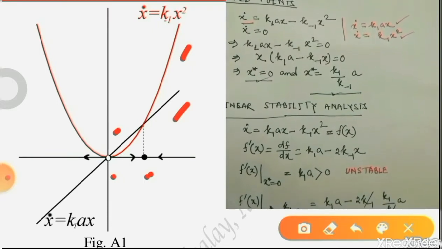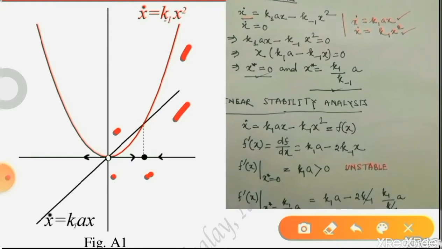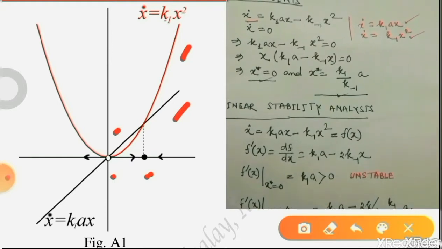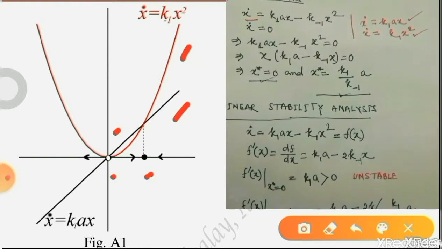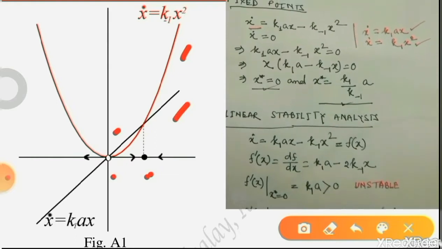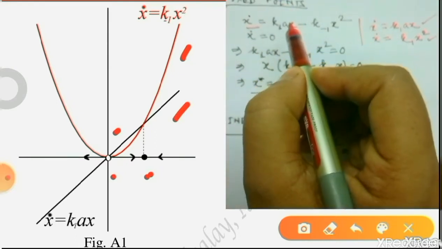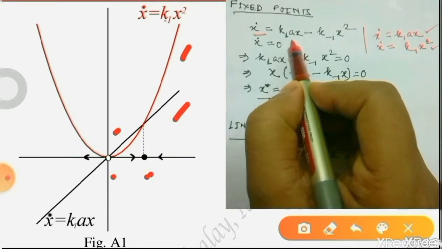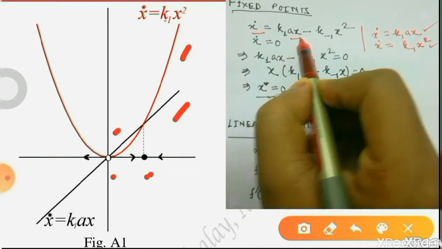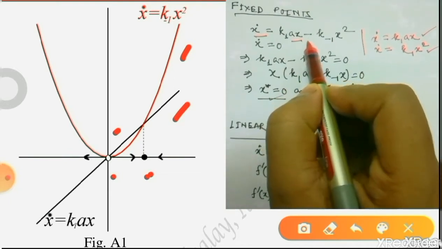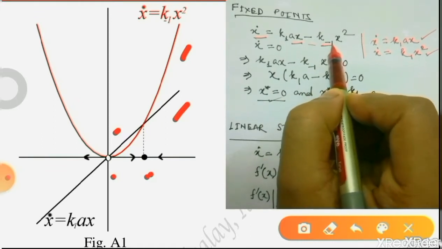So, in this part x dot is positive, because x dot is the difference of the straight line and the parabola.